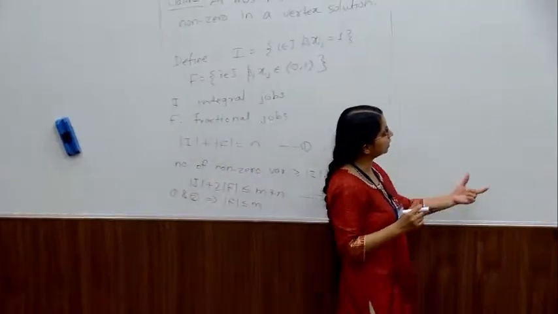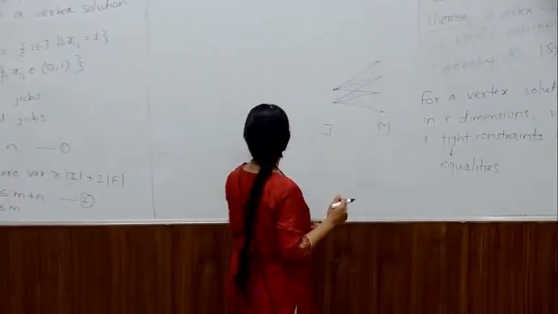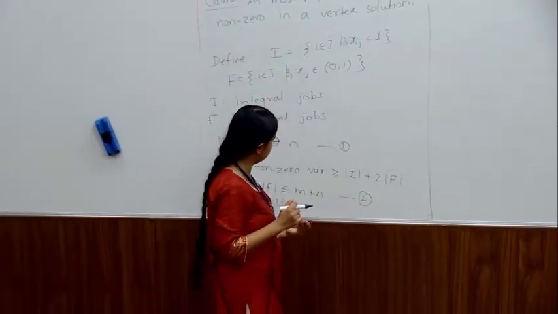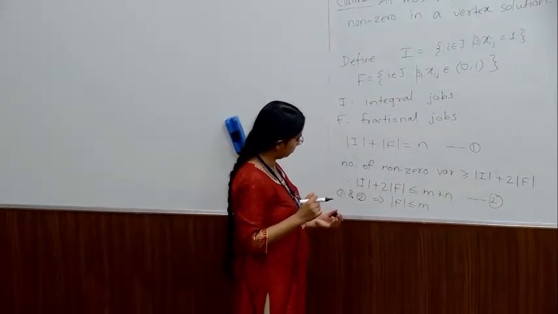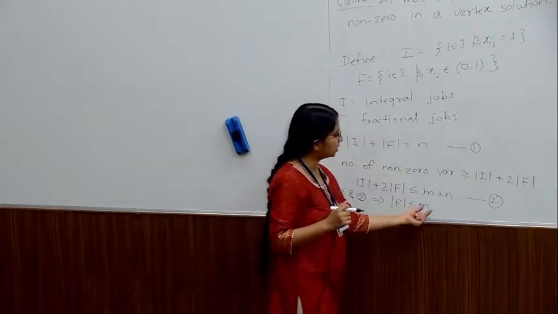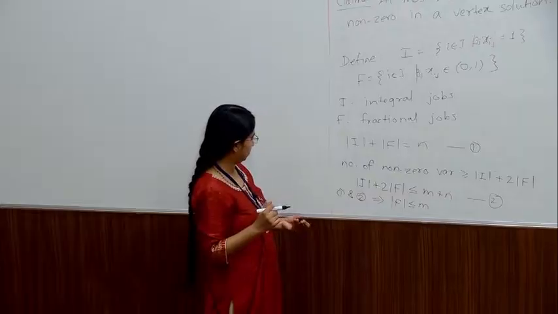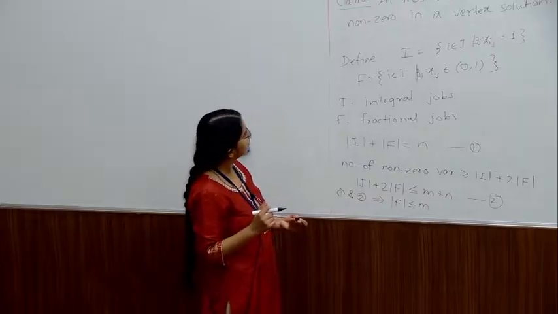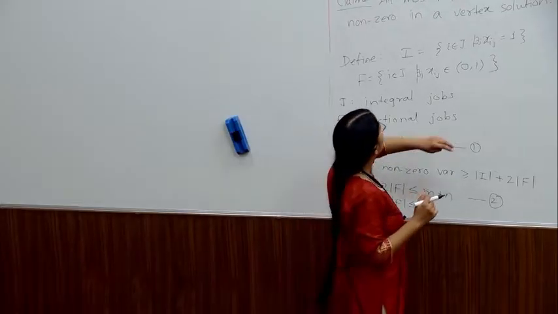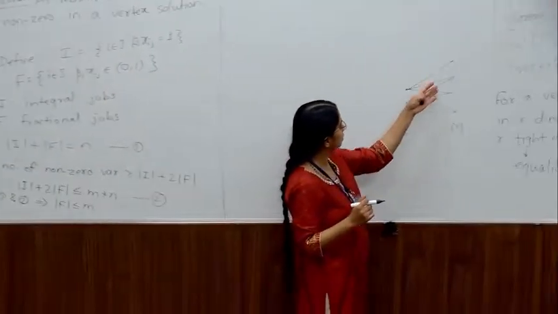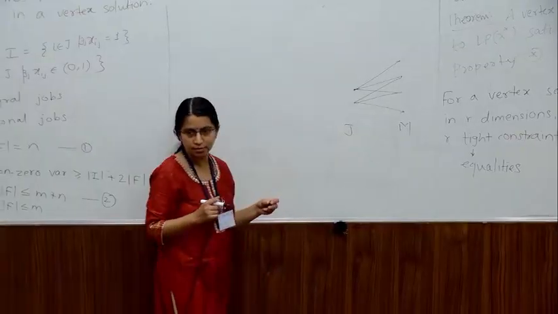Now, how many vertices does this graph have? At most 2m, m on one side and m on the other side. But then at most m plus n variables are non-zero, so the number of edges can be at most m plus n.